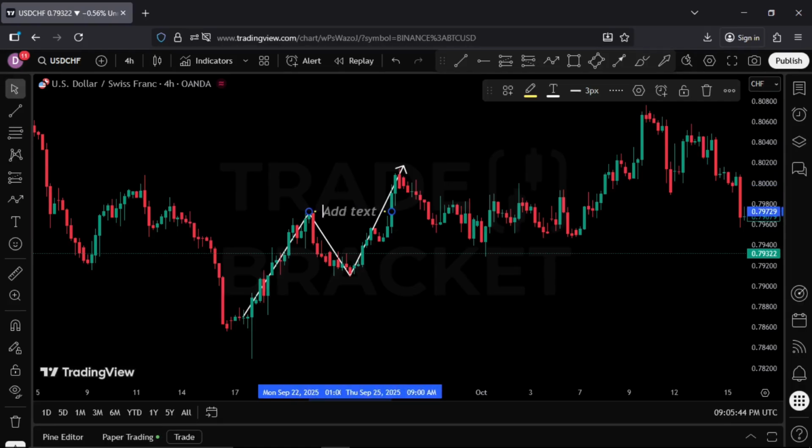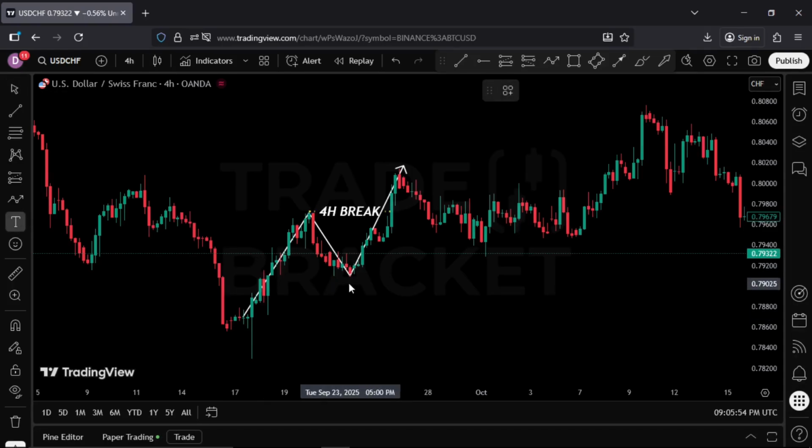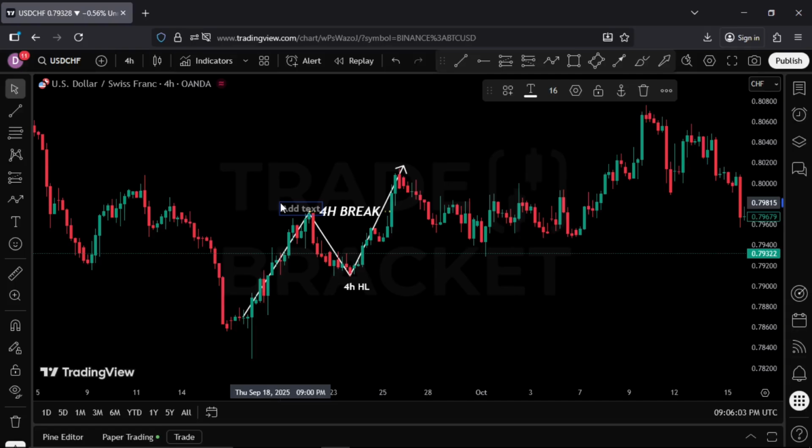Let me go ahead and mark this structure. This right here is the 4-hour break, this right here will be our 4-hour higher low, and this right here will be our 4-hour higher high.